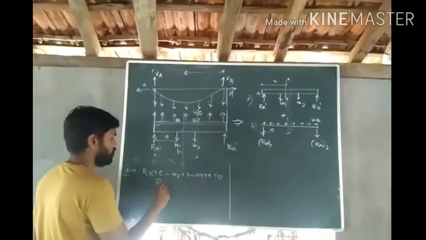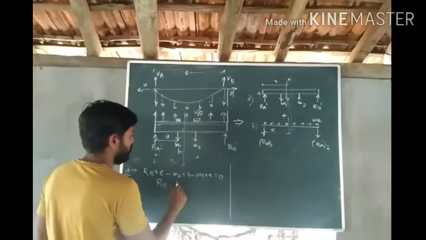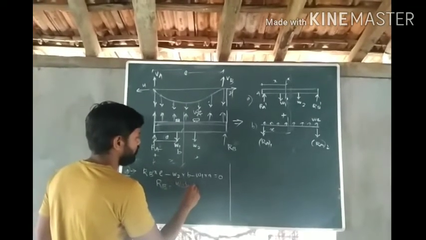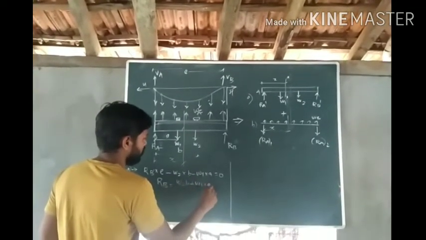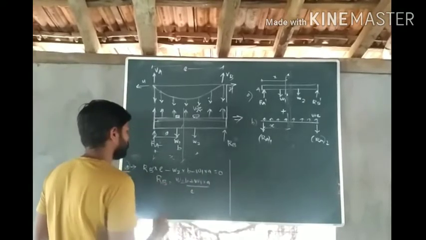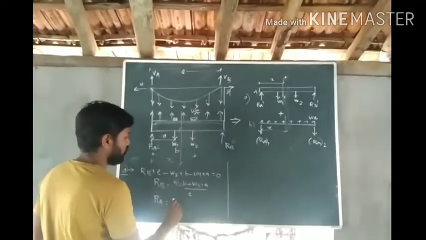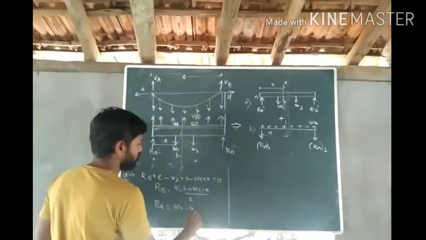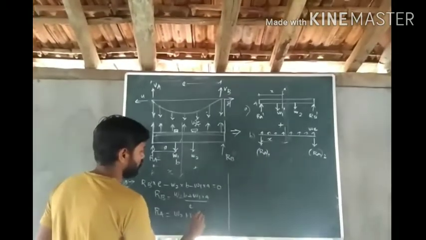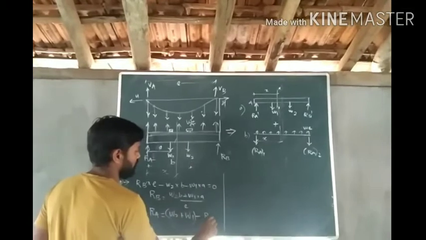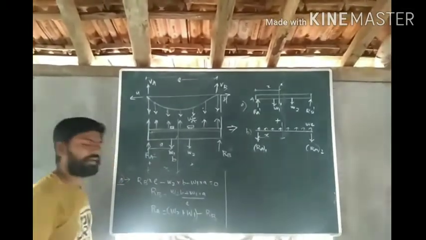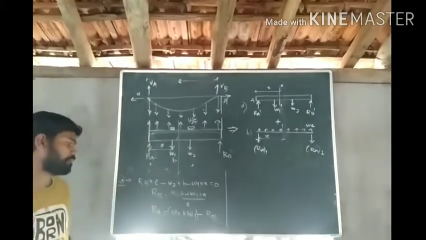If you solve this, you will get RB equal to (W2 into B plus W1 into A) divided by L. If you want to calculate RA, it is the total load W1 plus W2 minus RB. You can calculate RA and RB like that.